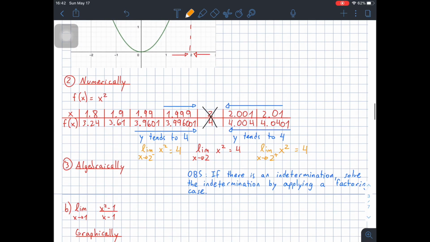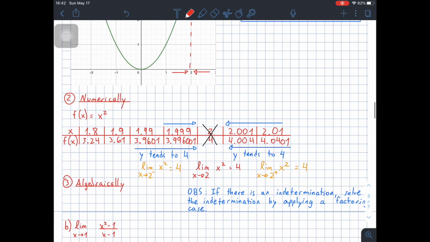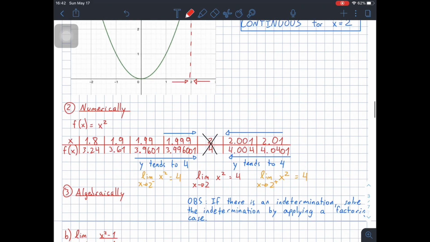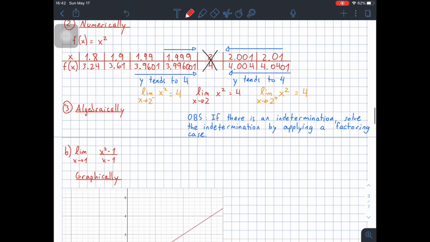Finally, we have the third method, which is algebraically, which is just trying to replace the value of x with the value that we're given. In this case, the x is approaching 2. Okay, so it's basically like this.